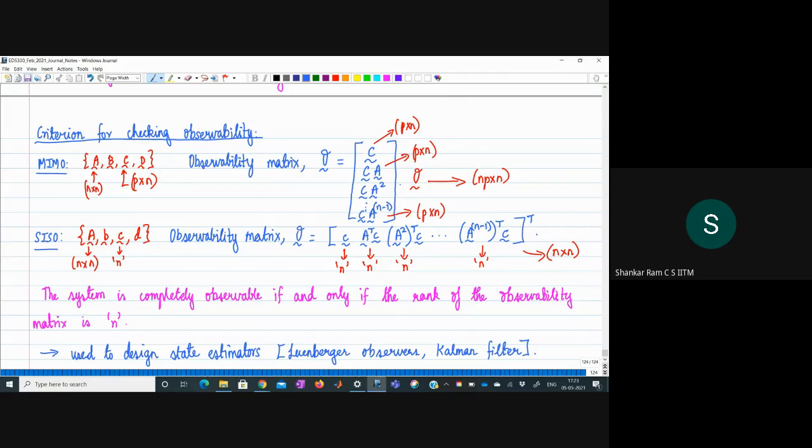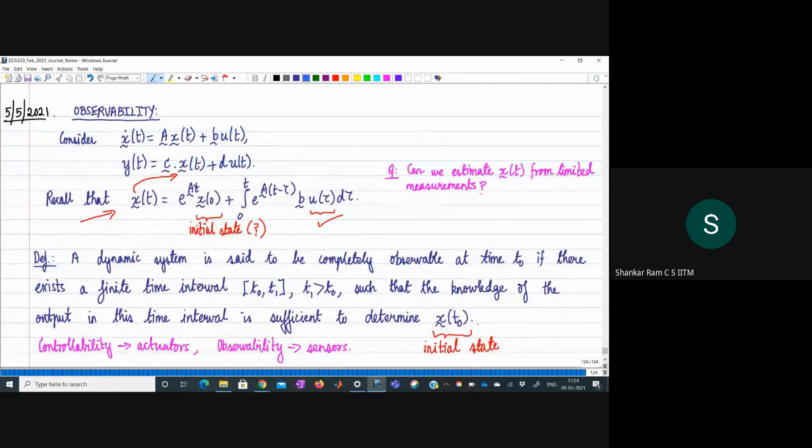Once again, the question of observability has to do with whether, by using knowledge of the output in a finite interval of time, one can determine the initial state. And if one determines the initial state, as we have discussed, we can immediately determine the state vector, so we will have knowledge of what is happening with the system at each and every instant of time.